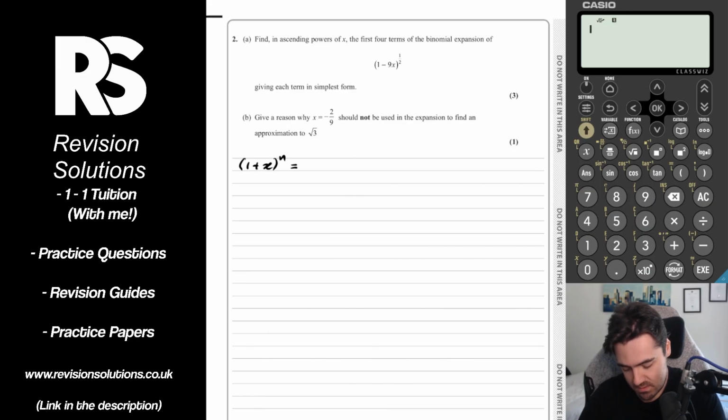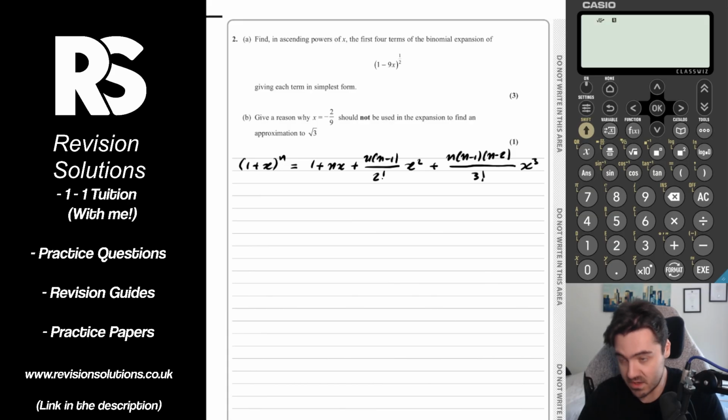That would be 1 plus nx plus n times n minus 1 over 2 factorial times x squared plus n times n minus 1 times n minus 2 all over 3 factorial x cubed.